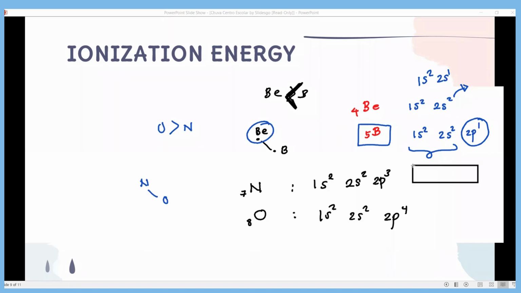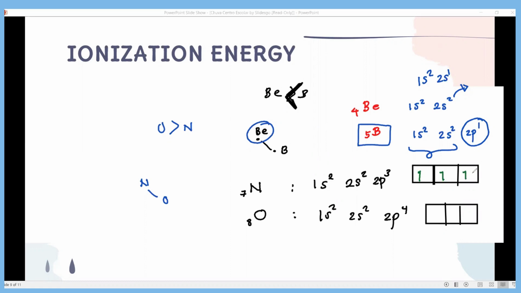Removing one electron from nitrogen makes that atom asymmetrical, and removing one electron from oxygen makes that atom a symmetrical one.